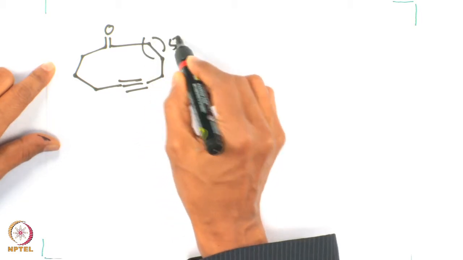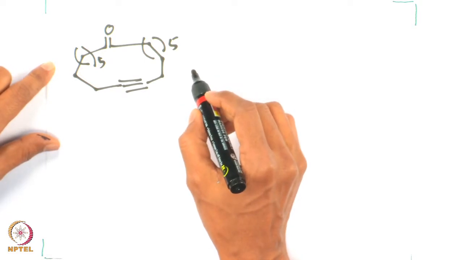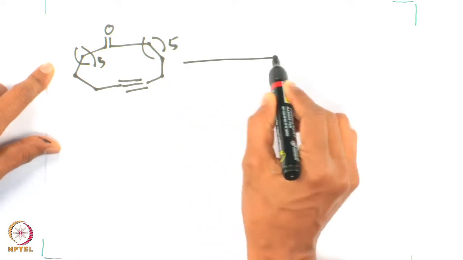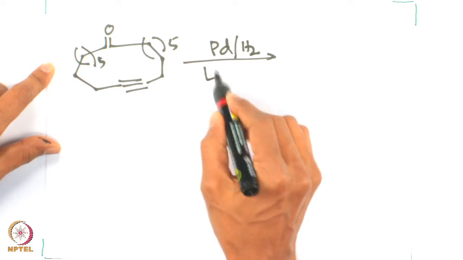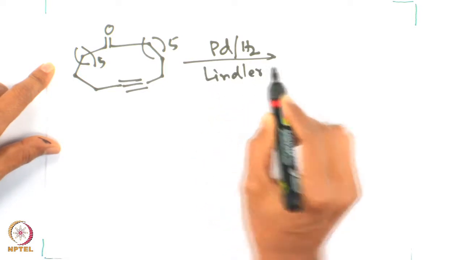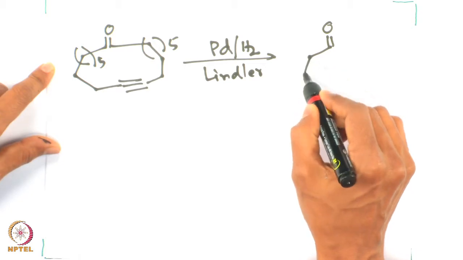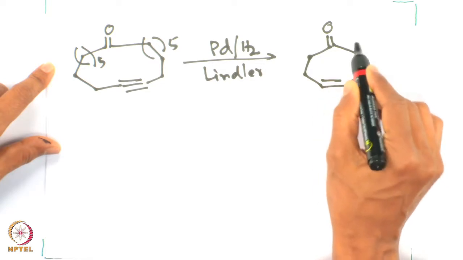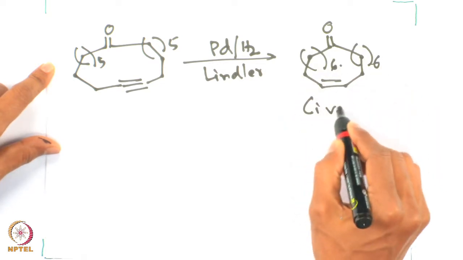So, this is the compound we have synthesized by using this Schrock alkylidyne species, and it has been reported by Fürstner. From here on, we can react it with palladium and hydrogen, that is the Lindlar's catalyst. Overall, we will be able to get this civetone.